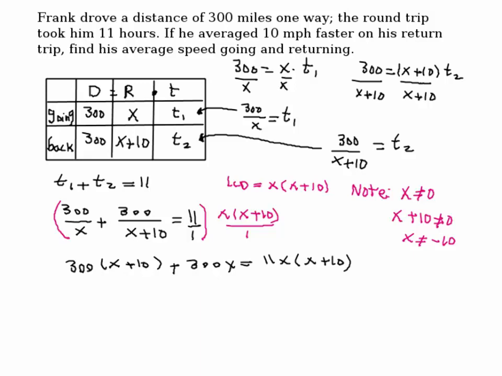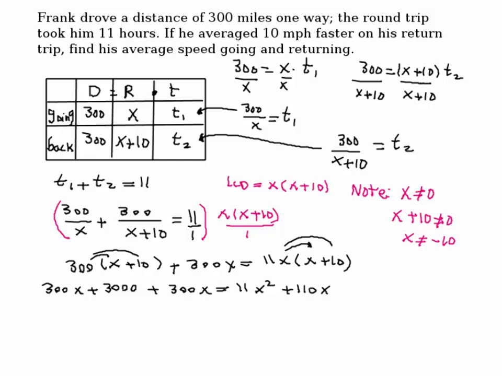If I distribute these, I get 300x plus 3000 plus 300x equal to, if I distribute this, 11x squared plus 110x. We need to move everything to one side of the equation and combine them together.